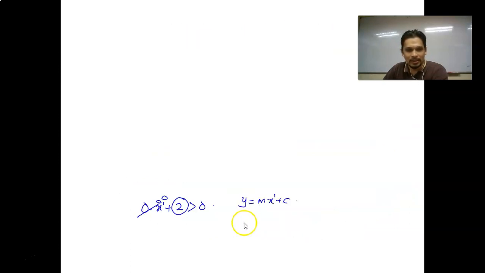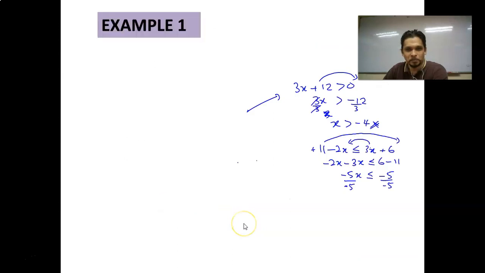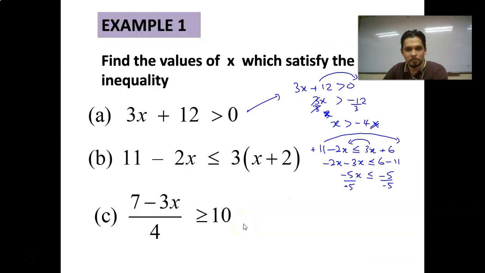So when we divide by negative numbers, the sign changes from less than or equal to, to greater than or equal to. So negative 5 divided by negative 5 to the x here, and negative 5 divided by negative 5 equal to 1. So x greater than or equal to 1.